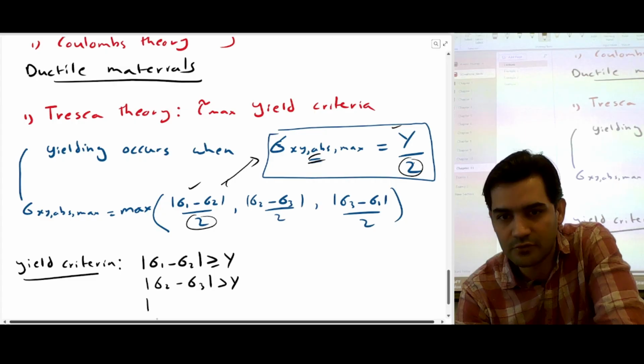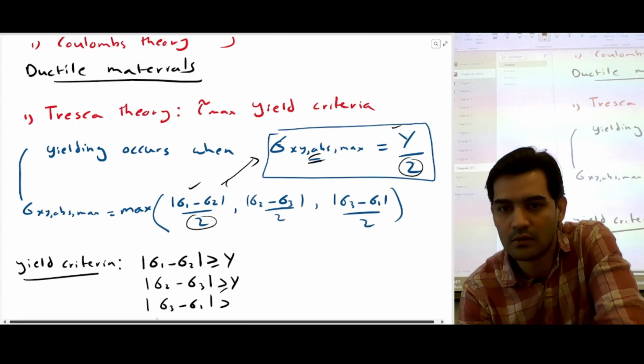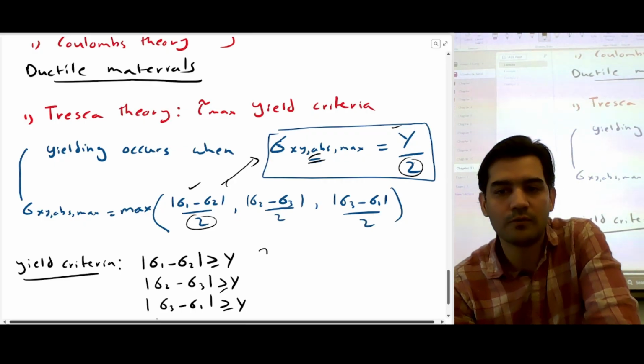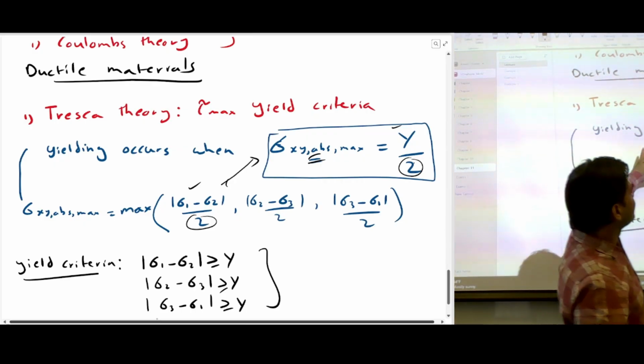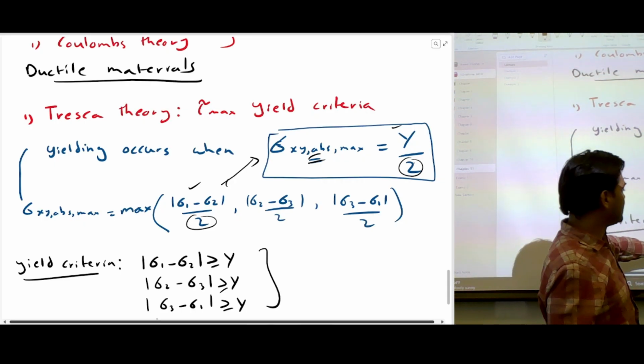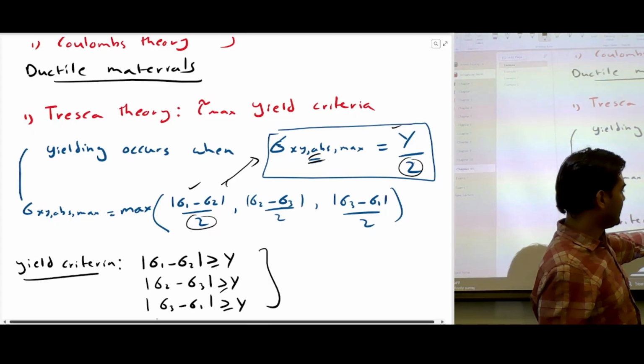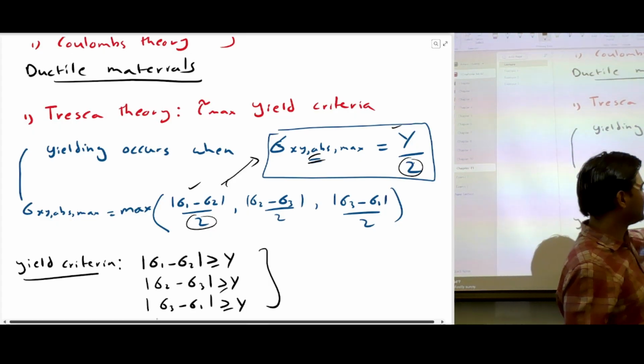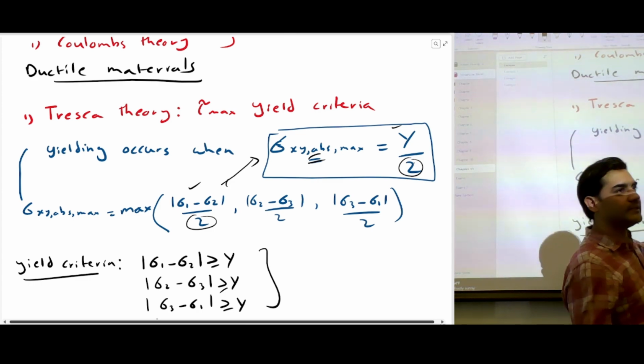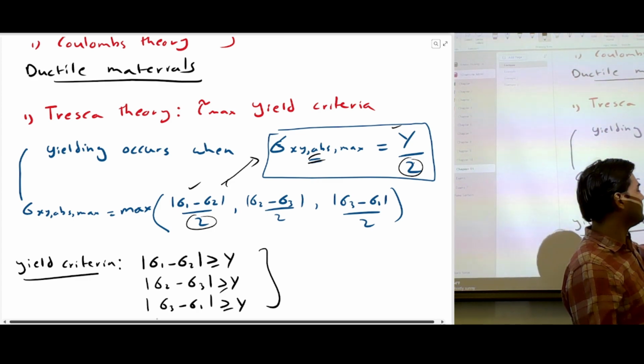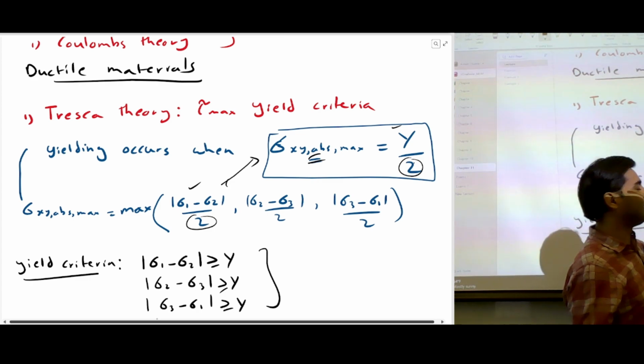So we'll have two more equations. Stress 3 minus stress 1 is, so even if you don't understand this, all you have to remember is these three equations. So if you can calculate stress 1, stress 2, and stress 3 would be 0 for a two-dimensional stress element, but for a three-dimensional stress element, you will have some value for stress 3.